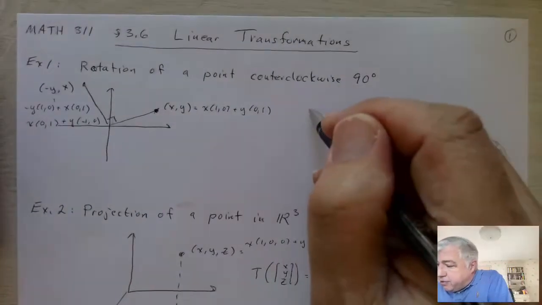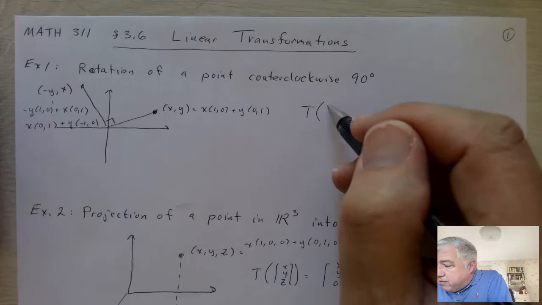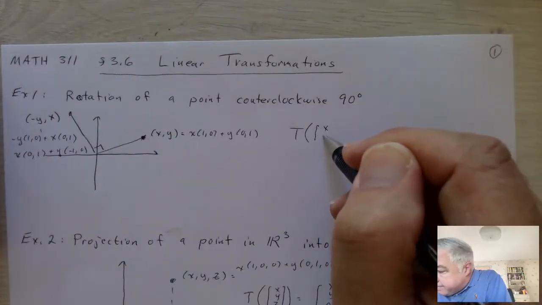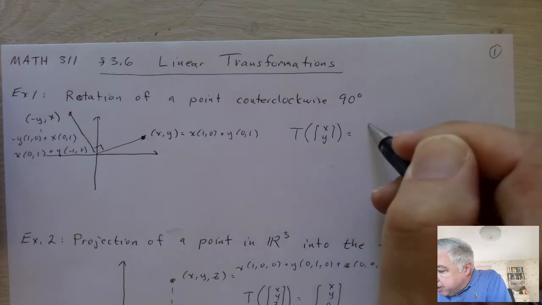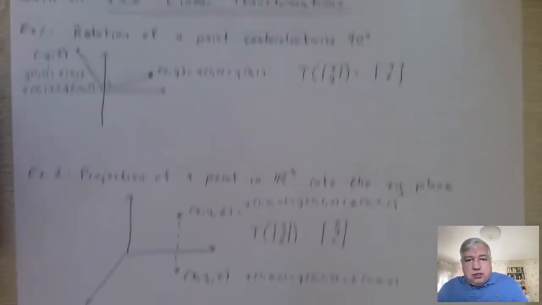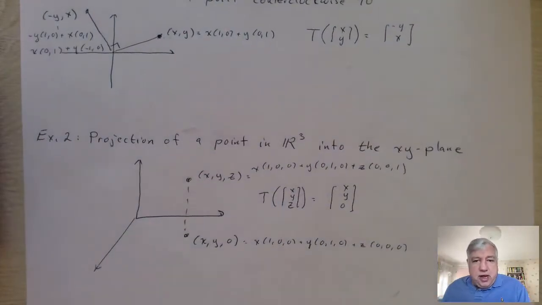And the formula for the rotation, T(x, y), would be (-y, x). We're going to see that both of these functions have a very nice property. They're in fact linear transformations. And these are functions that preserve linearity. To be more specific, they preserve vector addition and scalar multiplication.